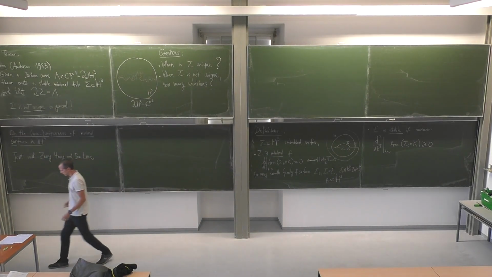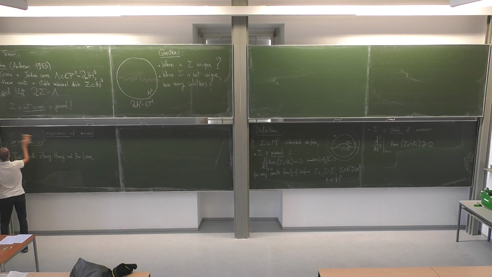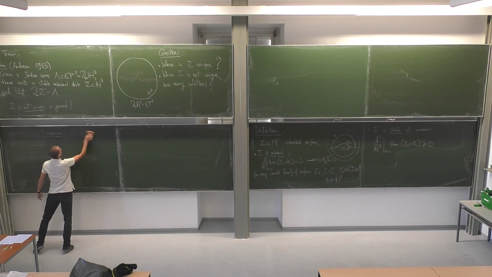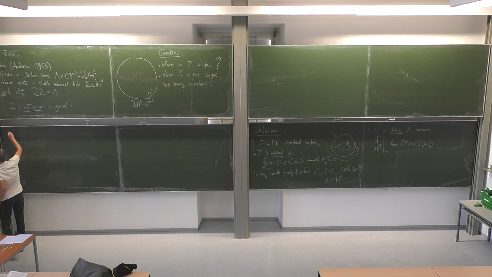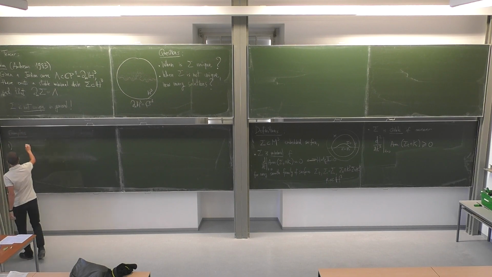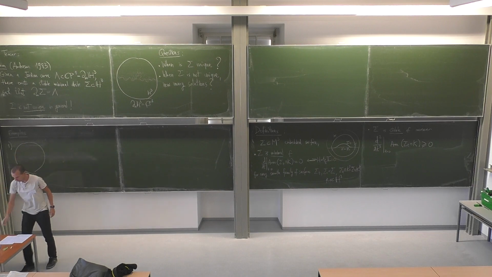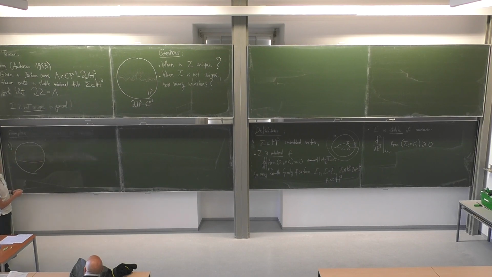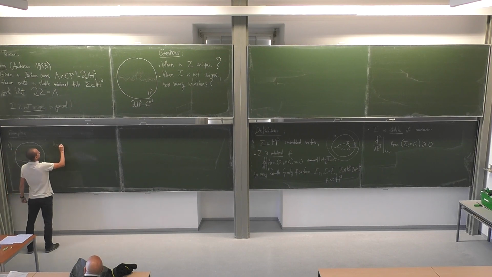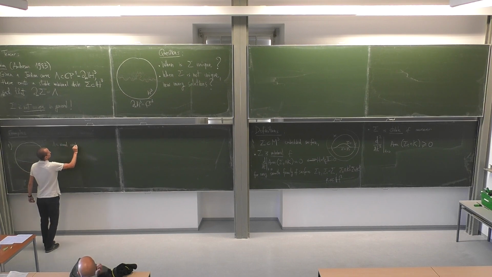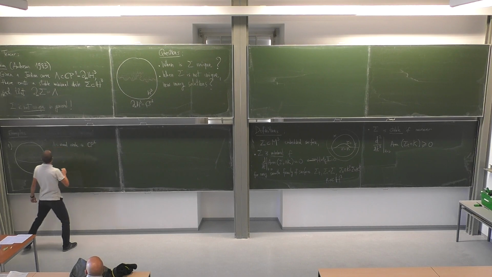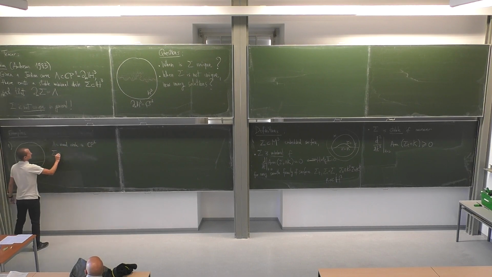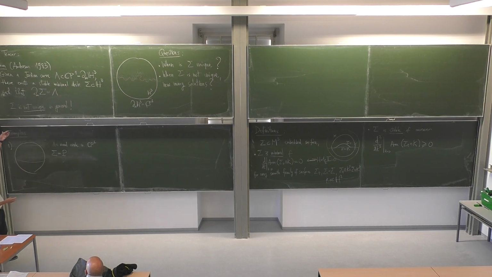So examples. The first example is when our Jordan curve lambda is just a round circle in CP1. This is actually a theorem of Anderson.